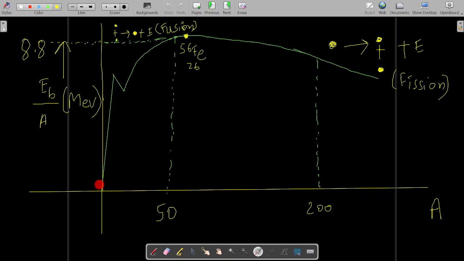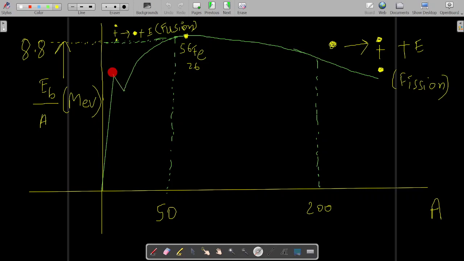Even a small increment or decrement in A causes a large change in binding energy per nucleon for very small atomic mass numbers. But then suddenly there is a little bit of drop.